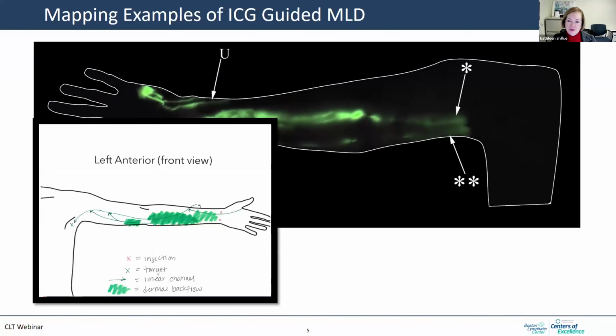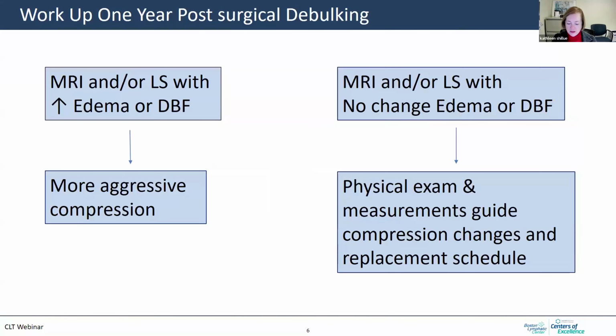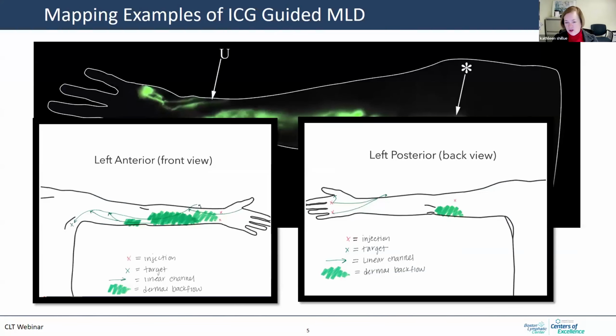So then we can give a map to the patient of where to direct their energies when doing self-MLD or the therapist doing MLD: the direction of movement, which drainage nodes we want to push towards. So that's helpful to give a patient a map. So we would use it in that manner.